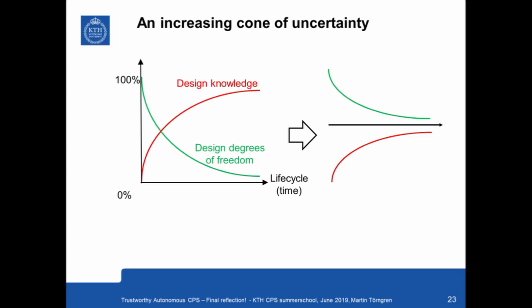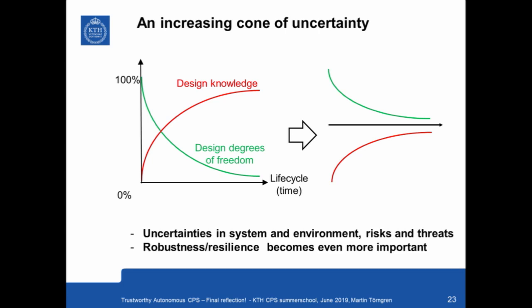But essentially, open systems means that this gap is becoming larger. And that has to do with the inherent complexity. So we have an increasing cone of uncertainty. And that has to do with the openness, it has to do with the environments, it has to do with the fact that the use of the system changes behavior, so the world is not static.